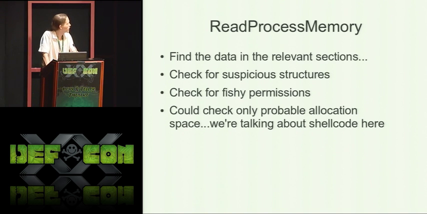If we wanted to validate the entire PE header and possibly additional structures within the DLL, then we could check the probable allocation space only and go, hey, if we request memory be allocated and it's probably going to be in this location, then we can only check a certain number of allocations previous to that, or a certain number of pages previous to that.